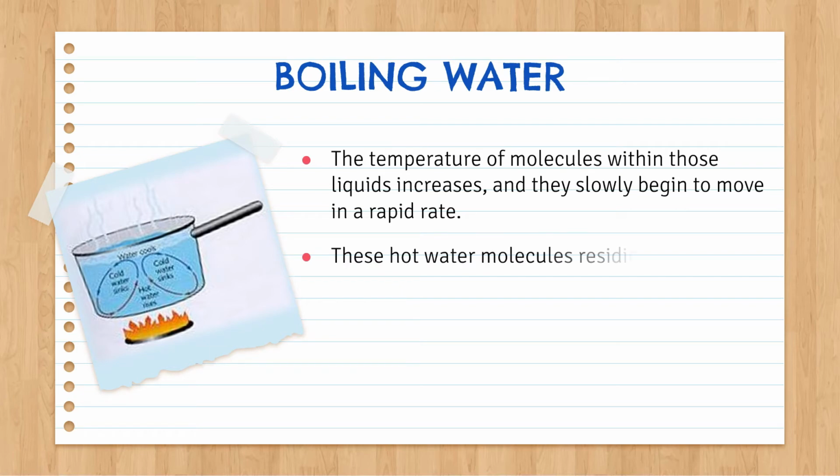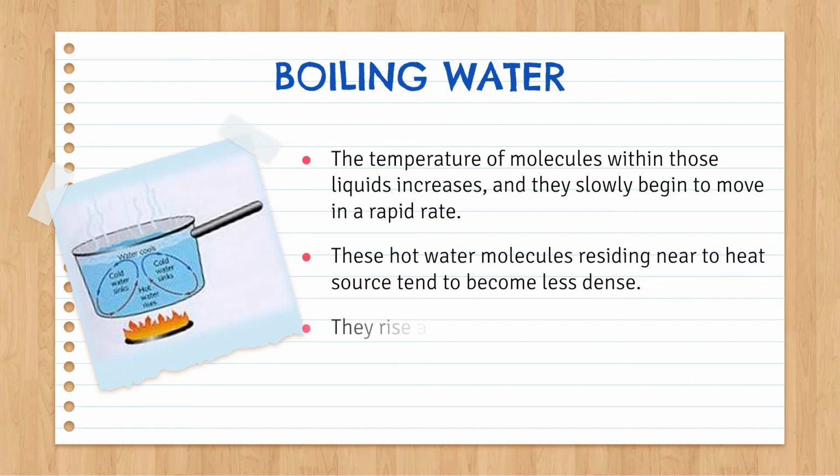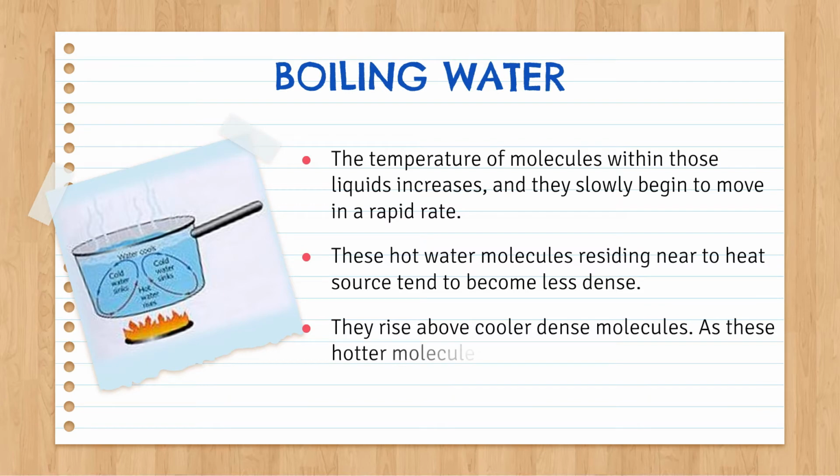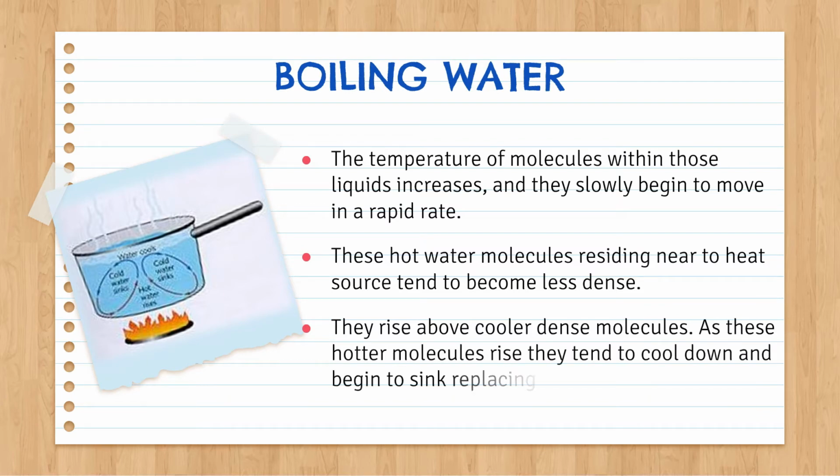These hot water molecules residing near the heat source tend to become less dense. They rise above cooler, denser molecules. As these hotter molecules rise, they tend to cool down and begin to sink, replacing cooler molecules. These movements occur within the boiling water via convection currents.